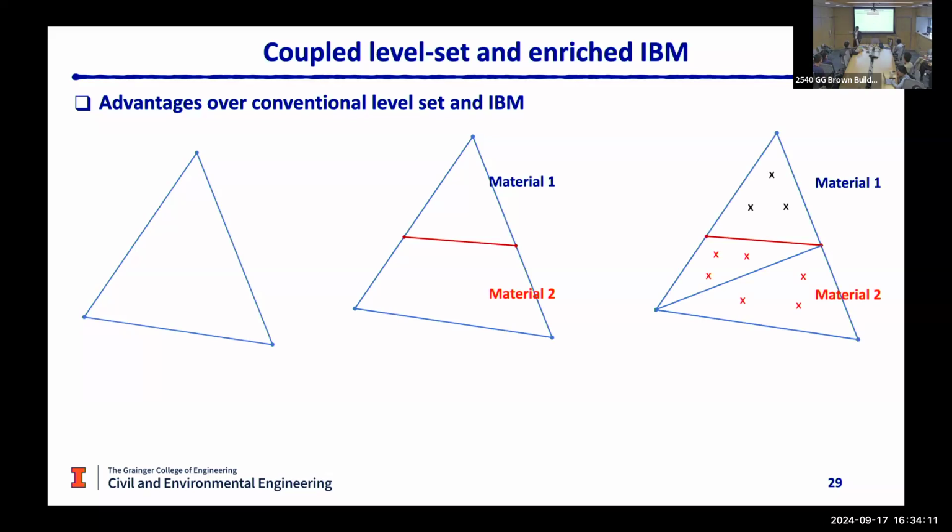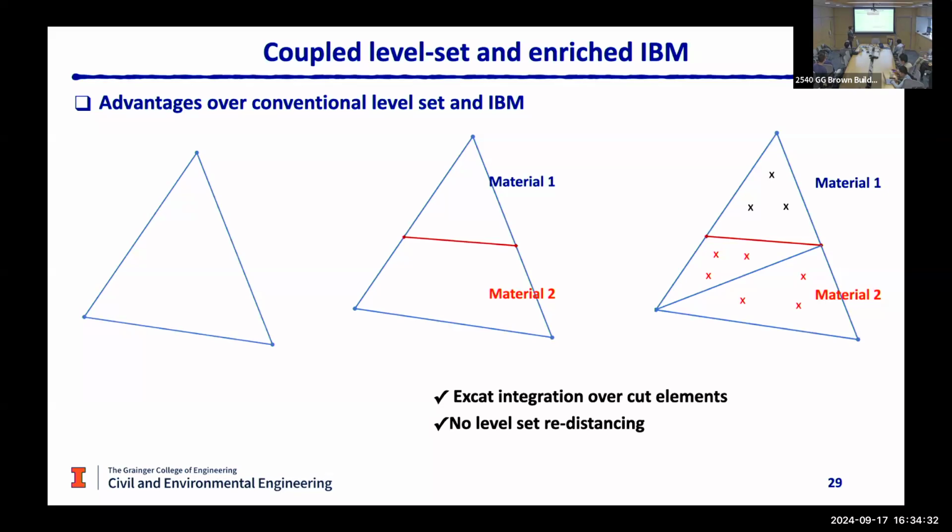So you can see that if you do this approach, the small cut issue in the standard conventional immersed boundary method can be greatly remedied. And secondly, when I do the integration over those small triangles, I will be able to know exactly whether they belong to material 1 or material 2.